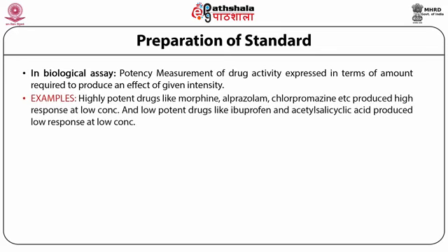For example, highly potent drugs like morphine, alprazolam, and chlorpromazine produce a high response at low concentration, and a low potent drug like ibuprofen and acetyl salicylic acid produce a low response at low concentration. The activity is measured in terms of affinity and efficacy of the drug towards a biological system.